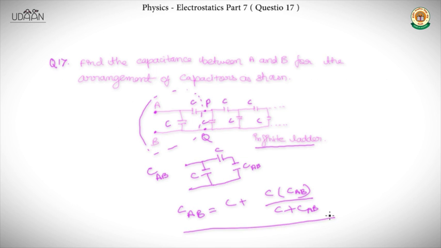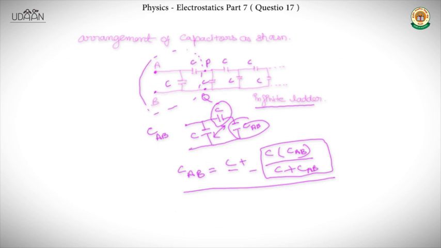How did we come to this conclusion? Simple. Take series combination of these two, we'll get this capacitance. Then take parallel combination of these two. That simply adds up. This is the CAB.